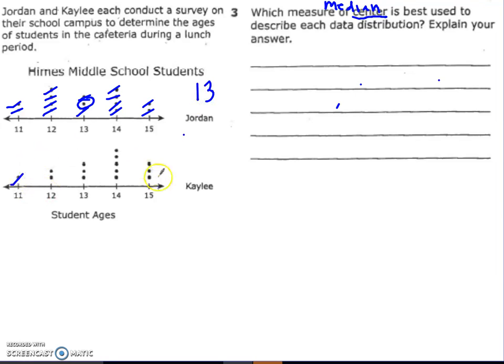So for Kaylee, we have 1, 2, 3, 4, 5, 6.